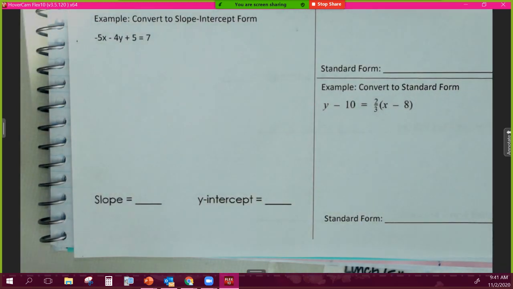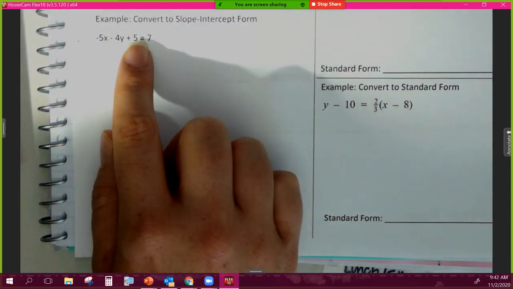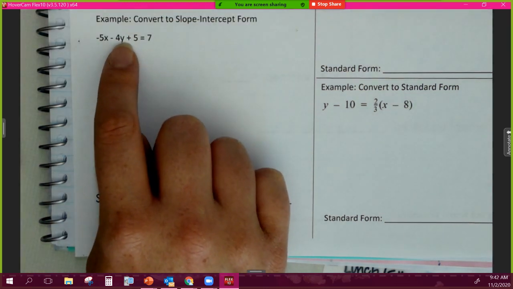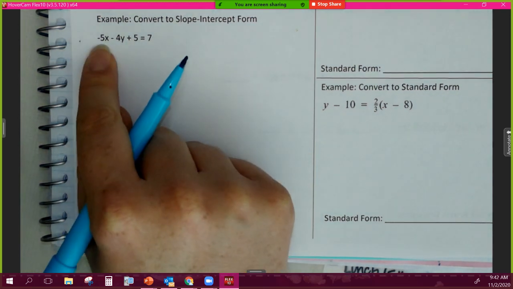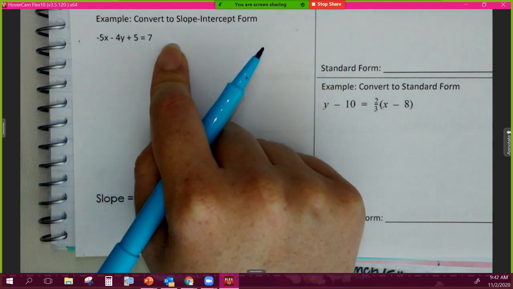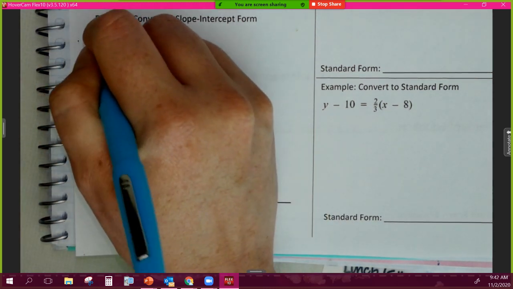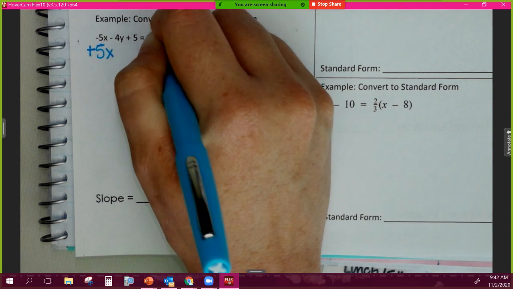So once again, it is not in slope-intercept form, so it's not easy to identify what our slope and y-intercept are. So we need to convert it, and we convert it by getting y by itself. Okay. All right, so to do that, first thing I want to do, I have a -5x here. I want to move that to the other side, so I do that by adding 5x to both sides.